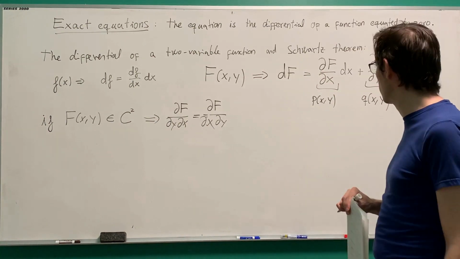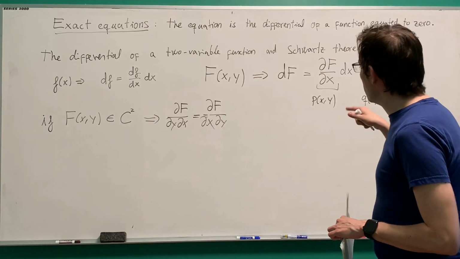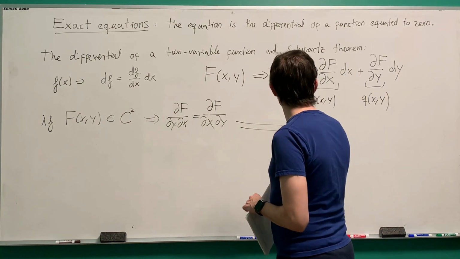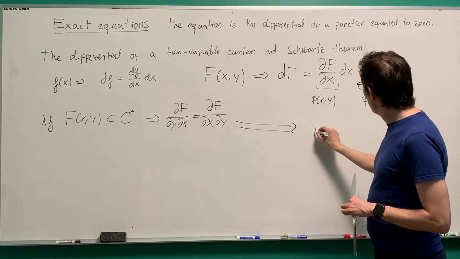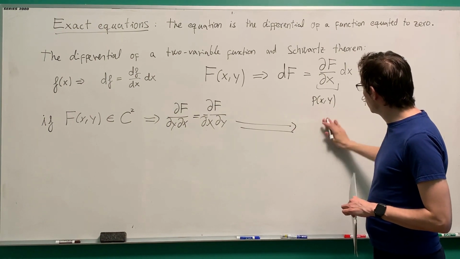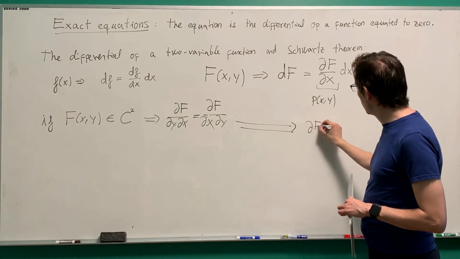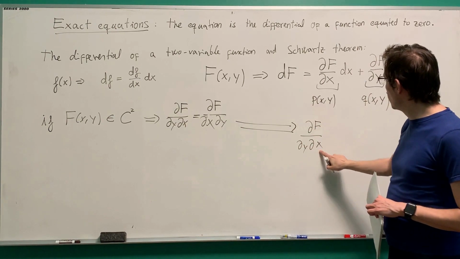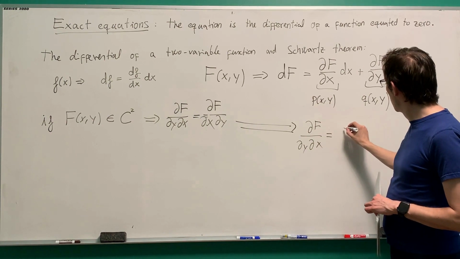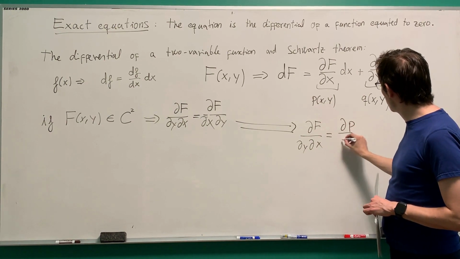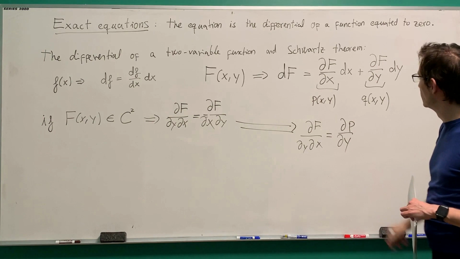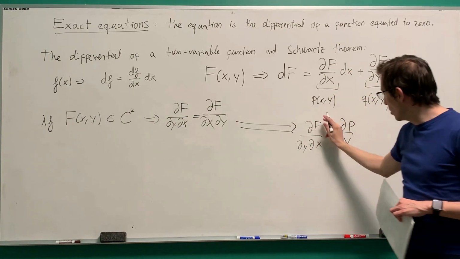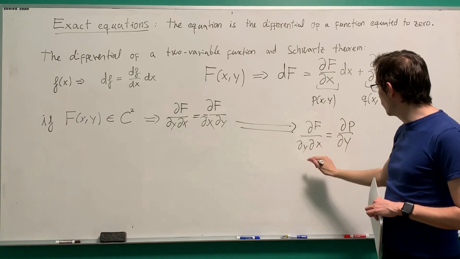Now, that means if we write this in this language, this is the same thing as saying that the partial derivative of f, first x then y, is the partial derivative of p with respect to y. This is what you get when you take the second derivative of f with respect to x first and then y.